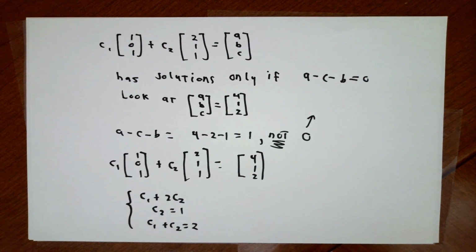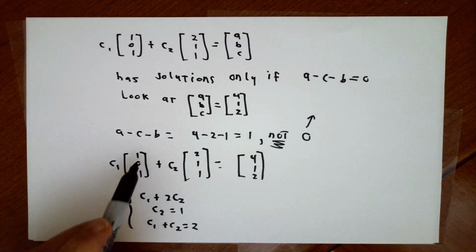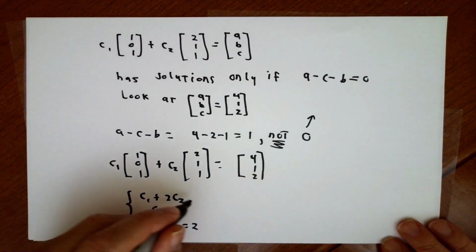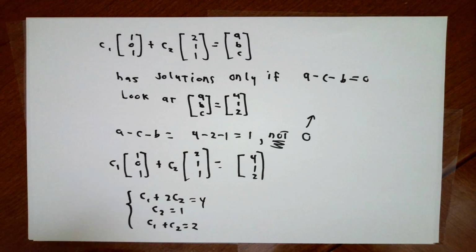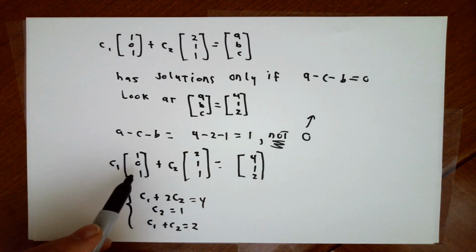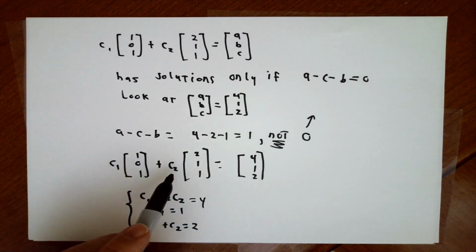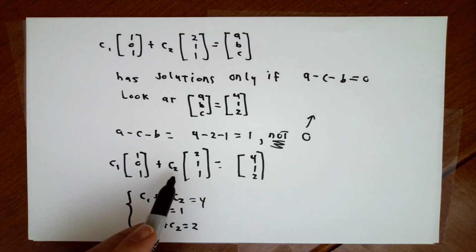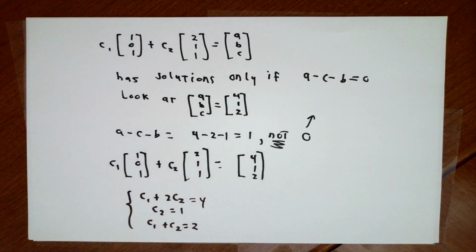Writing it out in detail, c1 times 1 plus c2 times 2 must equal 4. c1 times 0, I won't even write that down, plus c2 times 1 must be 1. c1 plus c2 must be 2.